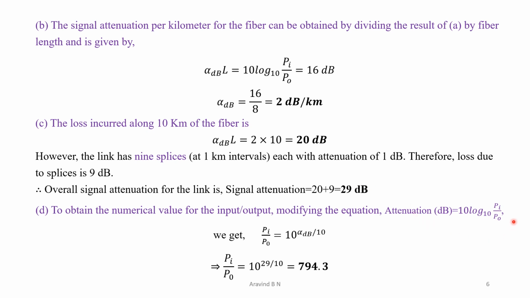From the basic formula of attenuation, we can identify the ratio of the input and the output power. Therefore, Pi divided by P0 is equal to 10 to the power of alpha in dB divided by 10. Alpha in dB is equal to 29. So by substituting 29, we are going to have the final answer as 794.3.